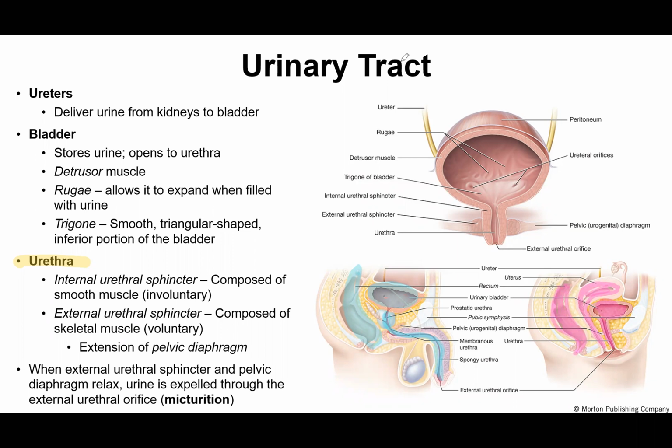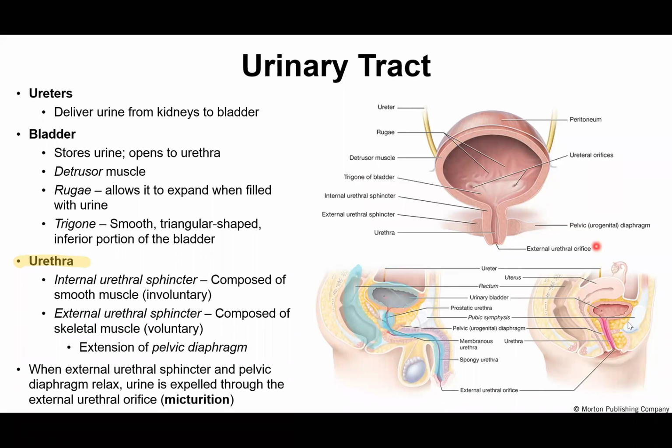Okay, and so the female urinary bladder sits anterior to the vagina, but also inferior to the uterus.